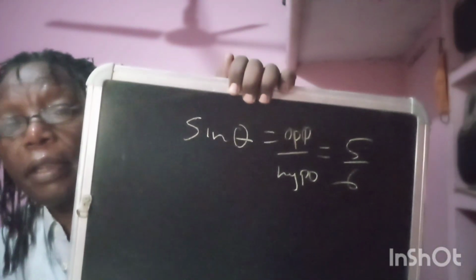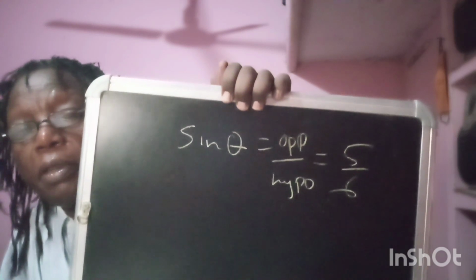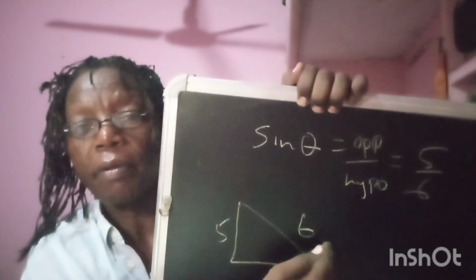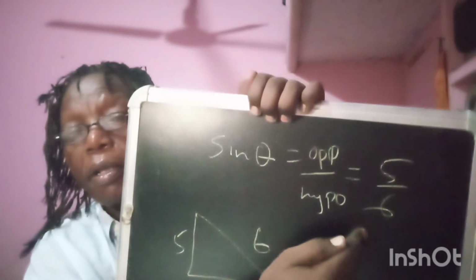Sine theta is equal to opposite over hypotenuse, which is equal to 5 over 6 from this triangle that I drew. I've cleaned it, but I can do it again, no big deal. And we have 5, 6 and 4. So I've given this value there.